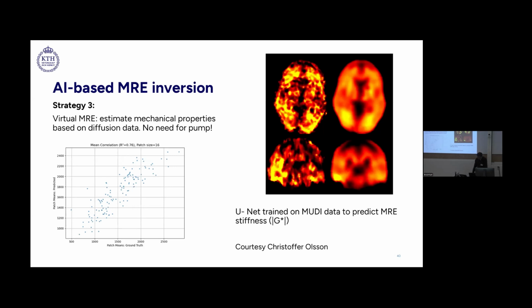The only problem that we found so far is that these correlations are very dependent on the site in the brain. In some regions it's good, in some regions you need to refine it a little bit more. Then you can use Moody as an input to generate stiffness, and this is what we have so far. Still work in progress.